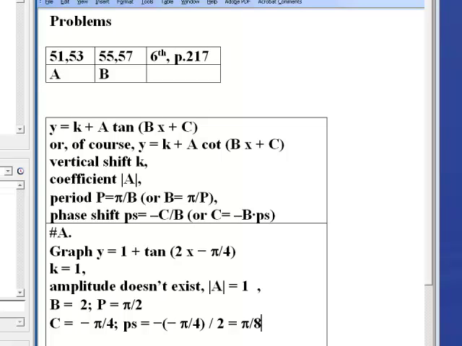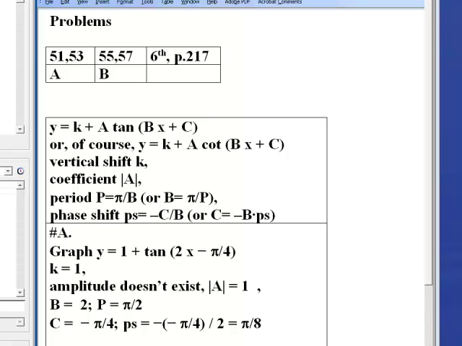So the equation for the cotangent is y equals negative 1/2 minus 3 cotangent of pi x plus pi over 2. So the shift is minus 1/2, down. The coefficient a is negative 3.